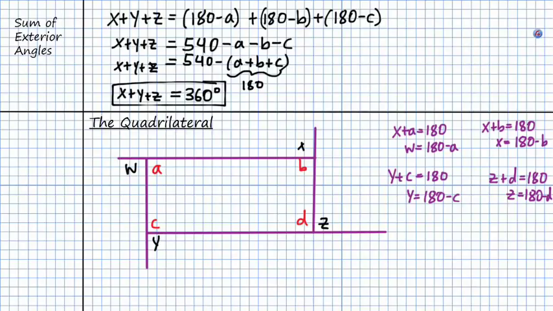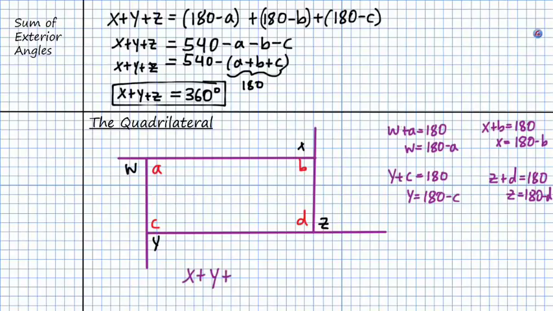All right, and skipping ahead a little bit, we see that W plus A is equal to 180, and then W is equal to 180 minus A. You have X plus B equals 180, and then X is equal to 180 minus B, and so on and so forth.